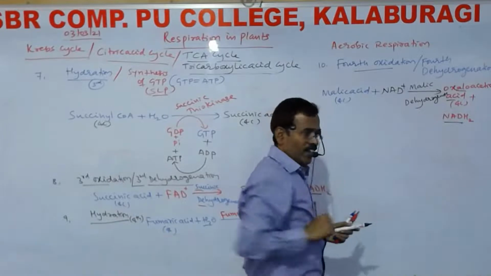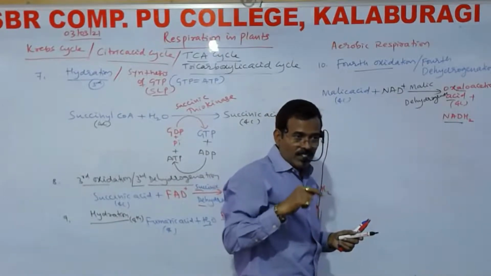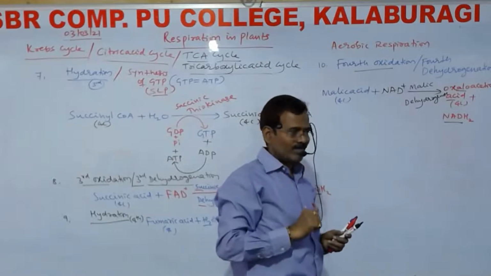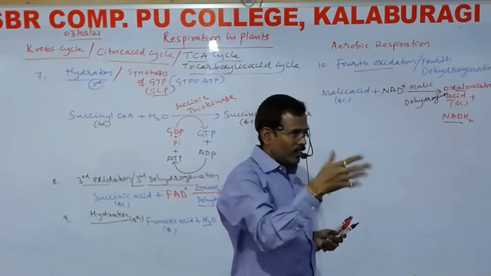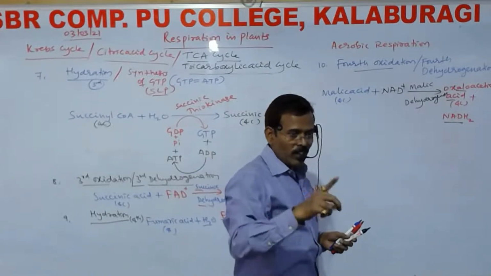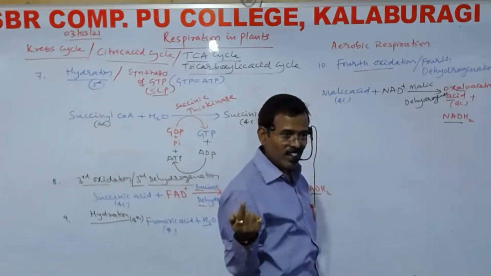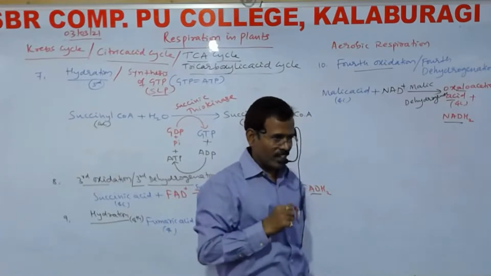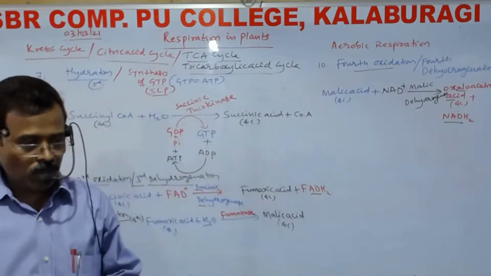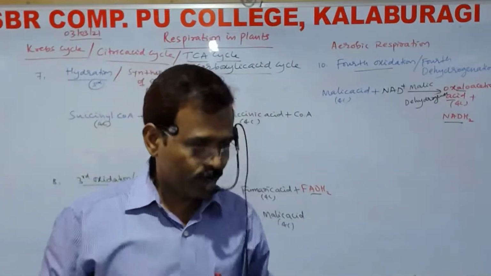This oxaloacetic acid which is formed will combine with acetyl coenzyme, because one acetyl coenzyme is still remaining. I told you it has to take 2 turns. In one turn, one acetyl coenzyme combines with one oxaloacetic acid molecule. So these 10 steps which I am discussing now are of one turn.